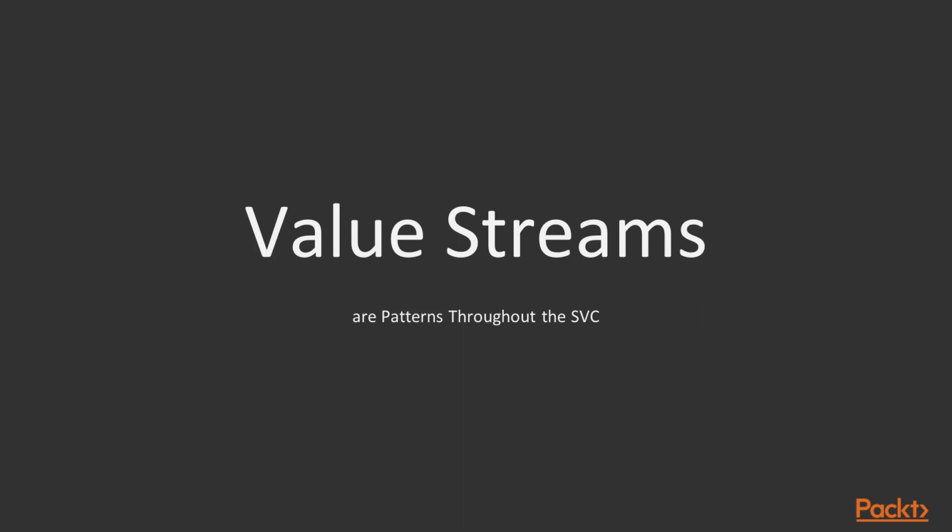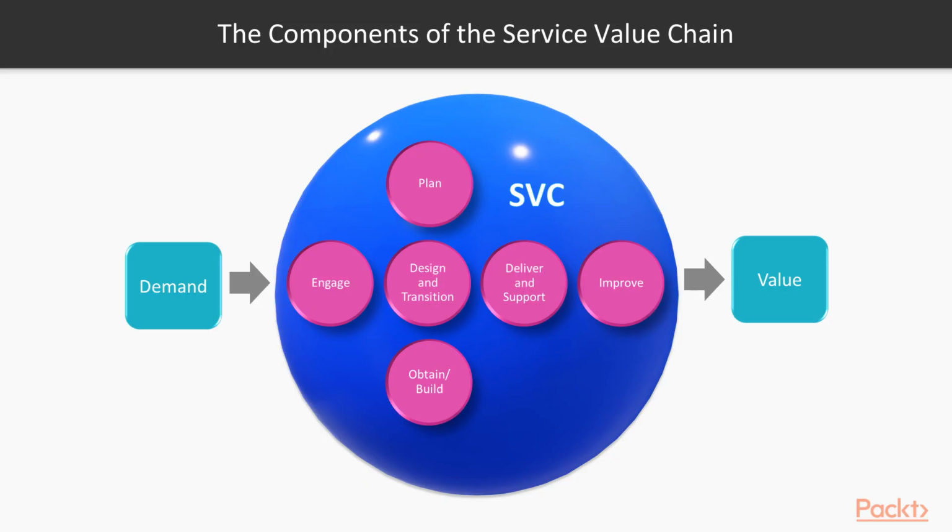What does it mean? Well, let's see in this picture. We have an animation here, and I will try to show you some examples of value streams and what exactly I mean when I say that value streams are patterns throughout the value chain.